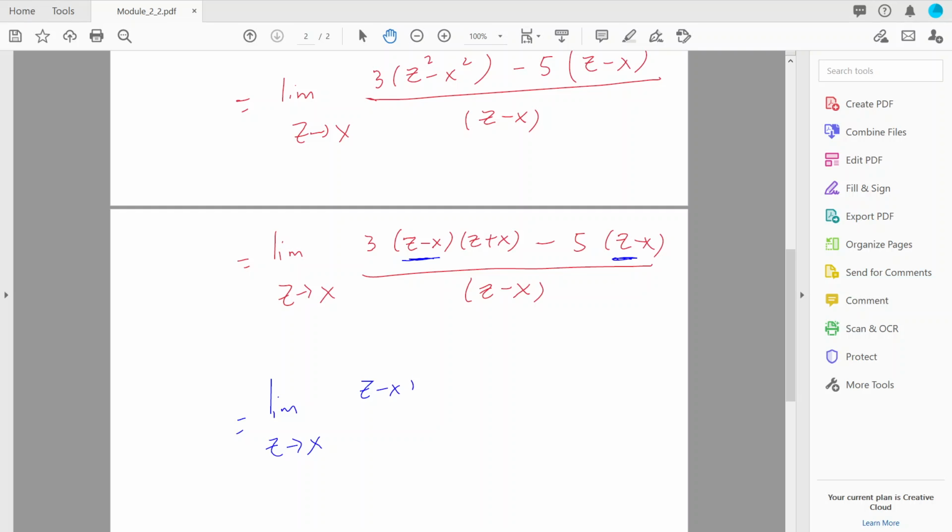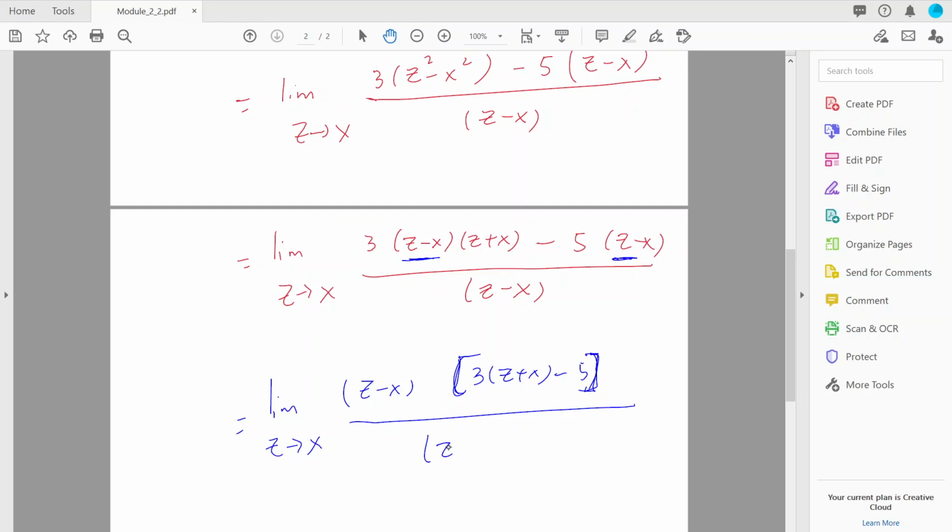So if you factor out z minus x, you can write the leftover thing in the parentheses. From the first part, the leftover would be 3 times z plus x. Let's use the bracket because the parenthesis is already being used here. Minus, from the second expression, after you factor out z minus x, the leftover would be 5.